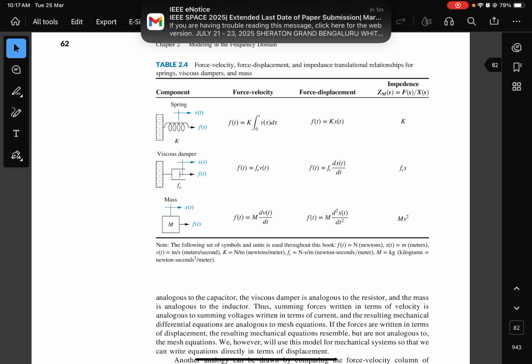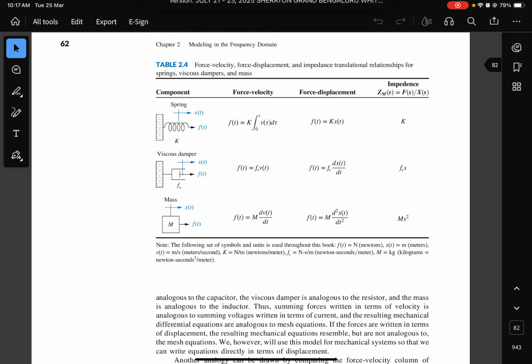It's important to understand from this table the force-displacement. If you remember Hooke's law, the force from this spring is F equals kx, x being the displacement. For the viscous damper, the equation is F equals fv dx/dt, so the rate of change of displacement times fv, which is the viscous friction coefficient.